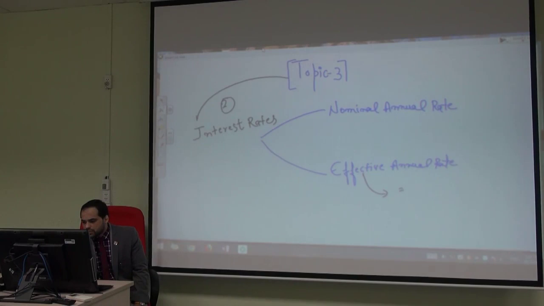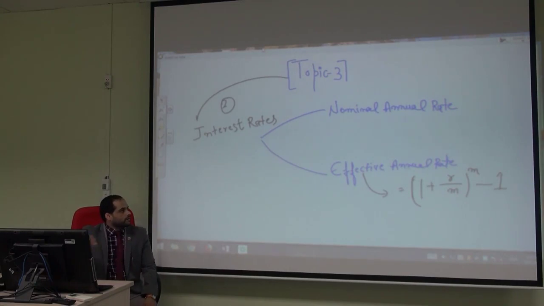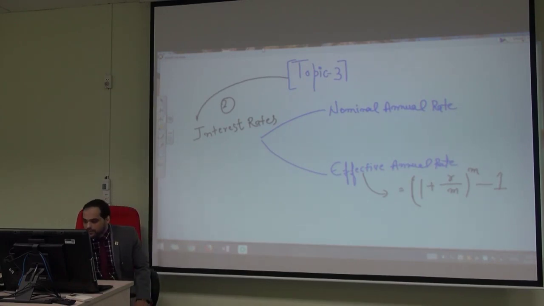The formula is (1 + R/M)^M minus 1. Here R stands for rate and M, not N, stands for the number of compounds.